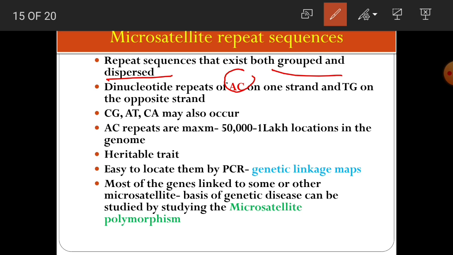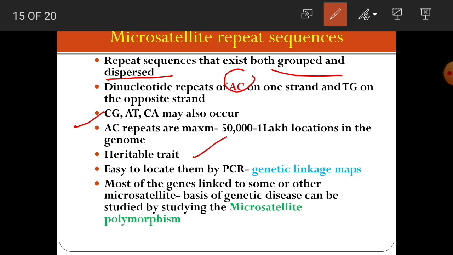Now, this AC on one strand means what will be on the other strand? Obviously, it is complementary, so it will be TG. But apart from this AC microsatellite repeat, we may get CG, AT, CA, etc. The maximum is AC, at 50,000 to 1 lakh locations in the genome, and they are heritable traits.